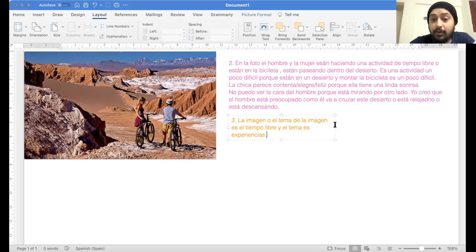You can mention one of the 5 themes. Okay, it's very important that you should identify properly what is the theme of the image. Es experiencias. ¿Por qué? Porque están en un desierto y es una experiencia.